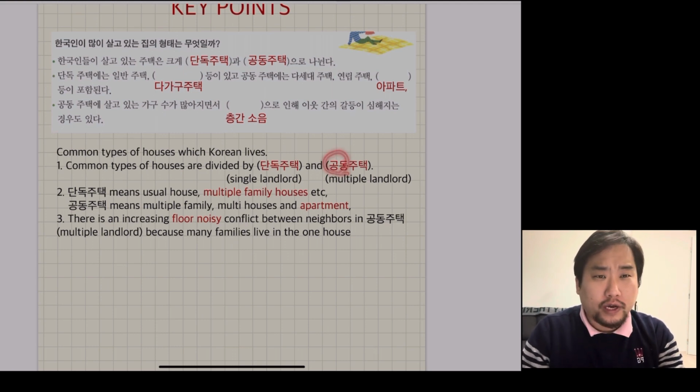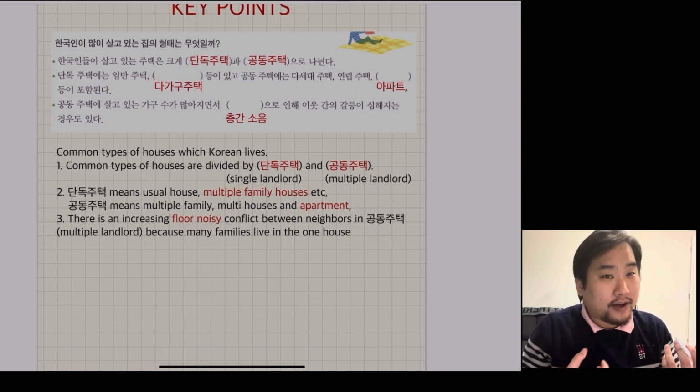And 공동 is shared, meaning more than one. So 공동주택 has multiple landlords or multiple owners. Generally we can classify them into two.